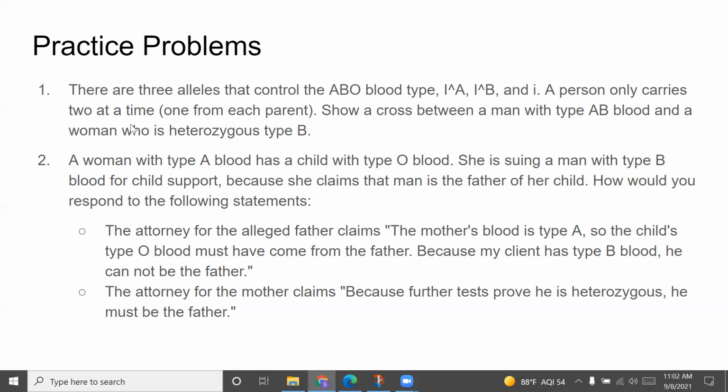So could this be the baby's dad? He could be the father. Right. Okay, but why? Yeah. So that's number 2.